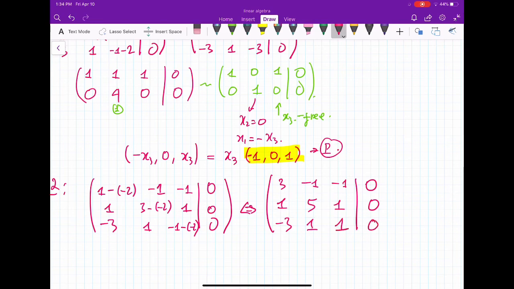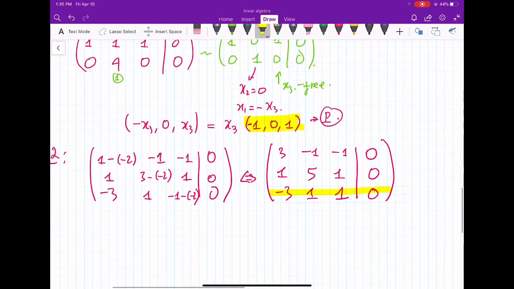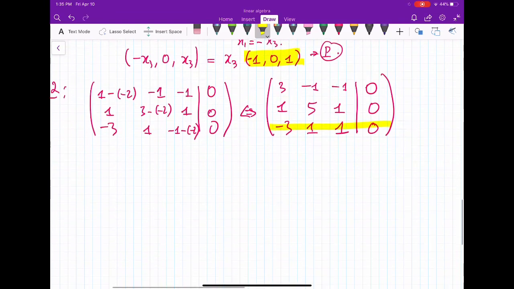All right, here's 0. And we see that actually we can ignore the third equation because that is just negative of the first equation, right? And I can multiply the second row by -3, add to the first. So I have the following: 1, 5, and 1, 0, 0.